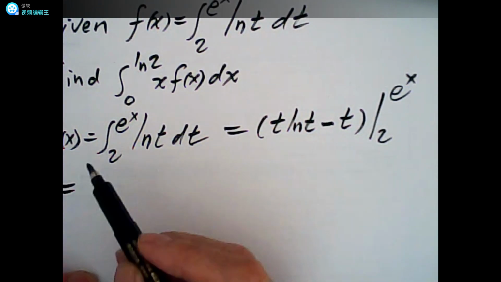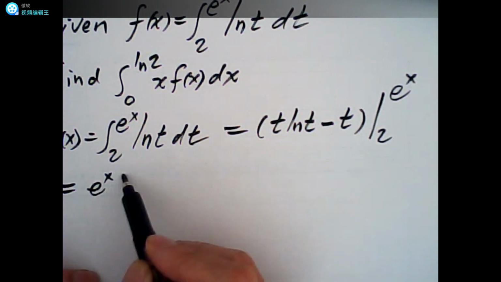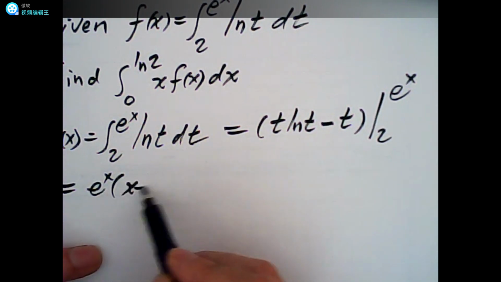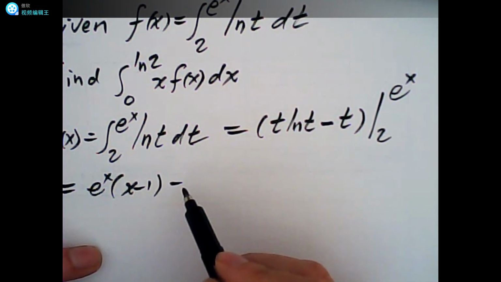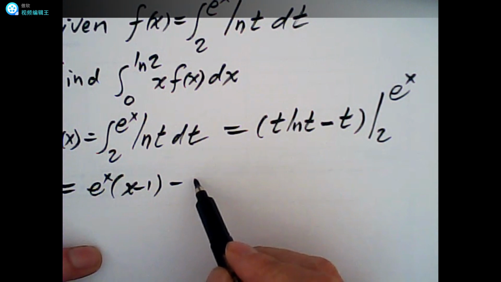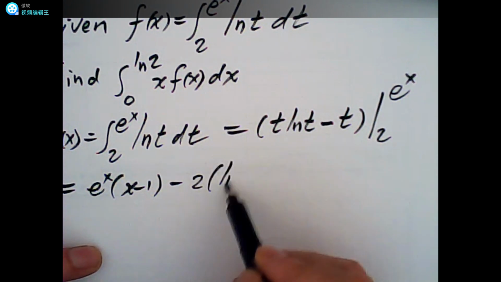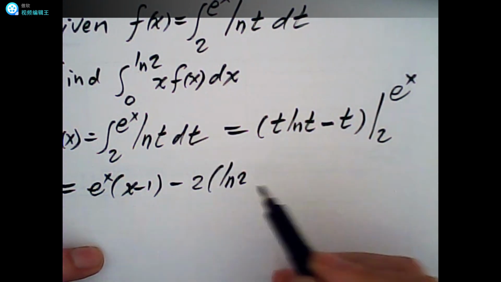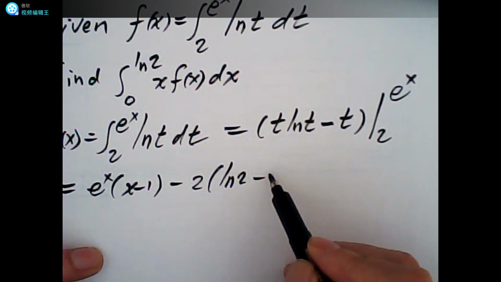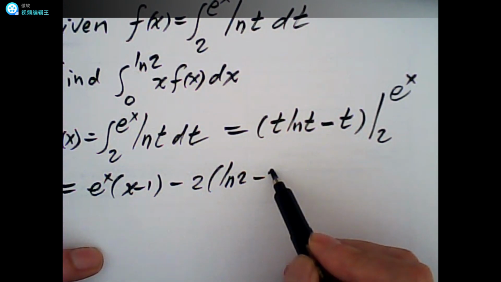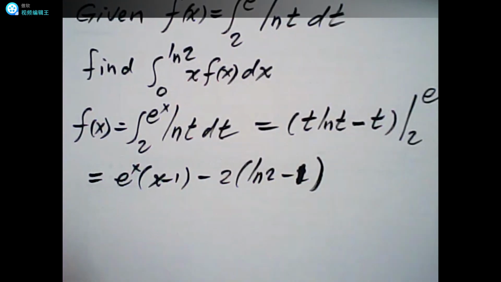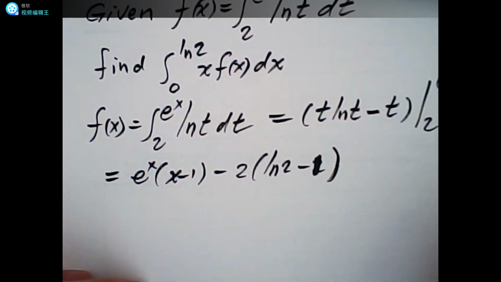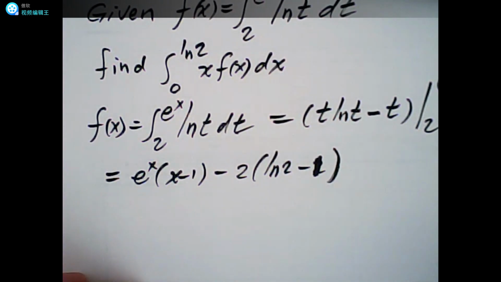And this one is equal to e to the x times (x minus 1) minus 2 log 2 minus 2, minus 1, right? If I take it out, sorry. Okay, that is the f of x.